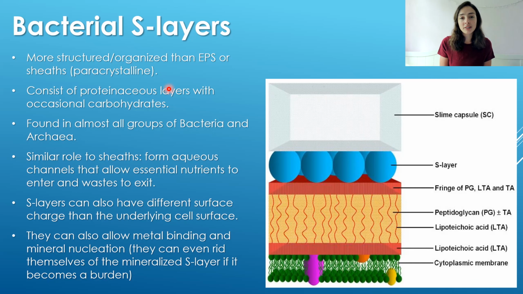And they can also allow metal binding and mineral nucleation that they can even rid themselves of if the mineralized S layer becomes too heavy or too much of a burden, if too many minerals are nucleating there. And so that's another way to kind of protect or detoxify their external environment, forming these S layers and then allowing mineral nucleation or metal binding and then ridding themselves or shedding themselves of that S layer when necessary. So we'll talk more about what they can bind later in the biosorption section.